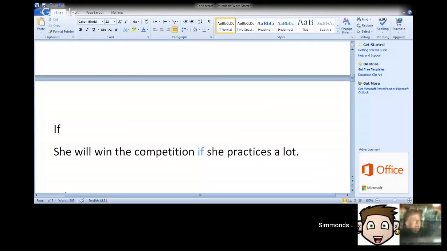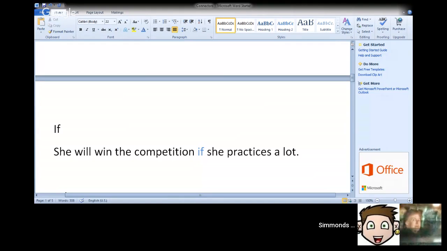I think it's one because it's in the future. There's the first part of the sentence, and the first part is in present. If she practices a lot, she will win in the future. I think it could be one conditional. Number one.